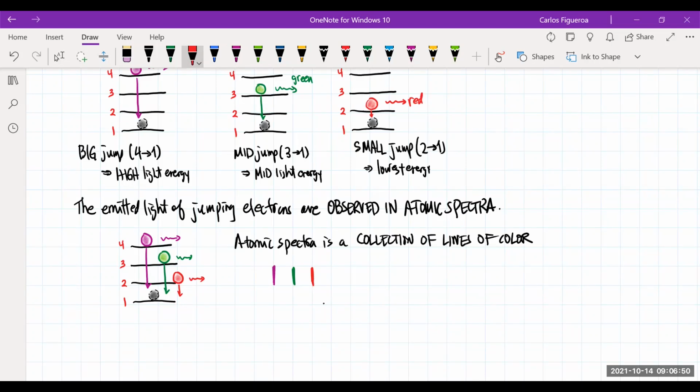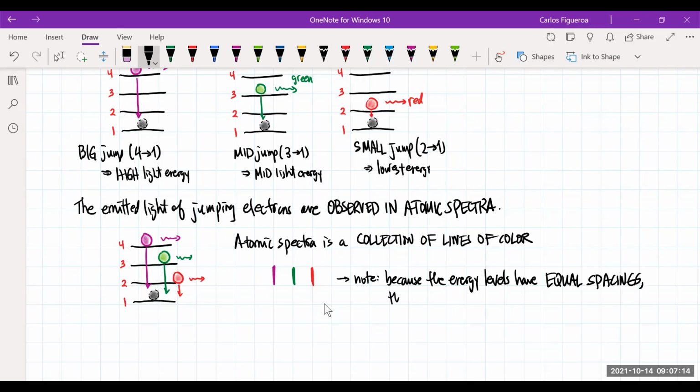And what's important here is that note, because the energy levels have equal spacings, the spectral lines are also equal spacings, which is kind of wild.